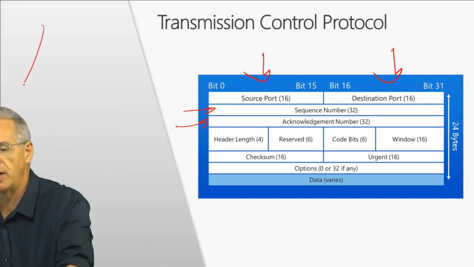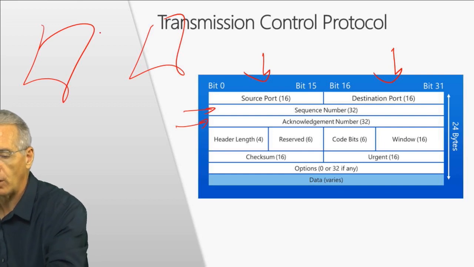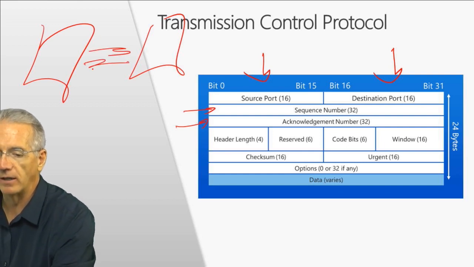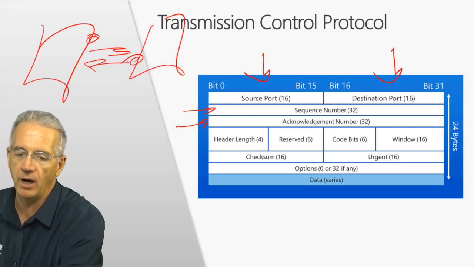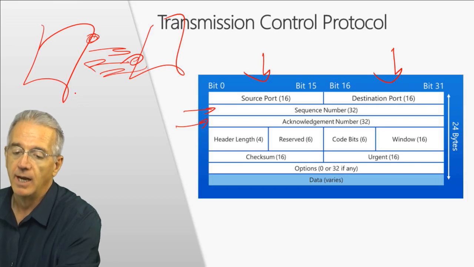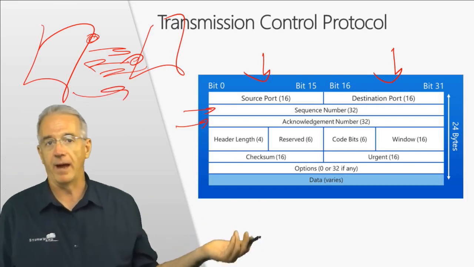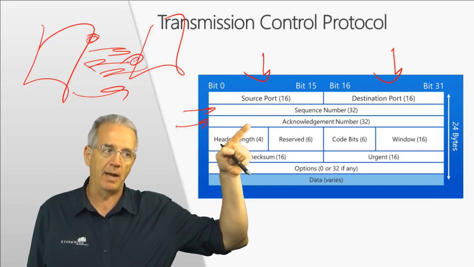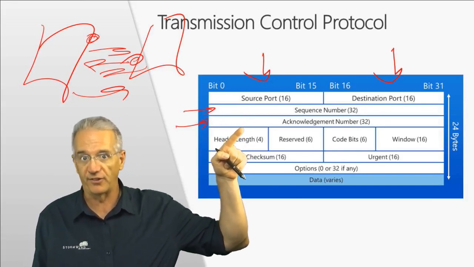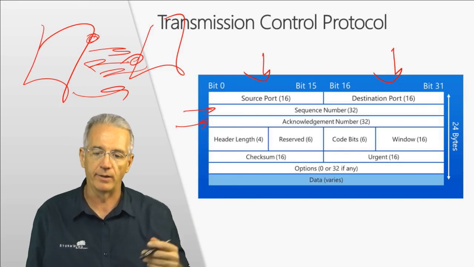Because when we do the TCP three-way handshake, we do the request to synchronize, and then acknowledge and request to synchronize. I tell you my sequence number here, you tell me your sequence number here, and you in fact acknowledge mine, and then I acknowledge yours, and then boom, we're back in business. So my sequence number may be 7, and your sequence number may be 14,216. So they can be wildly different.